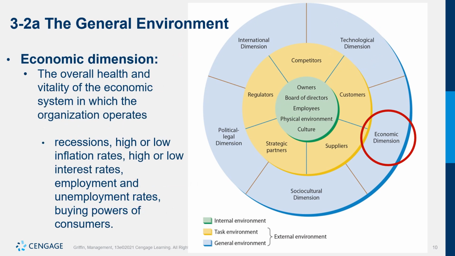The economic dimension is the overall health and vitality of the economic system in which the organization operates. This includes factors such as recessions, high or low inflation rates, high or low interest rates, employment and unemployment rates, and buying powers of consumers.